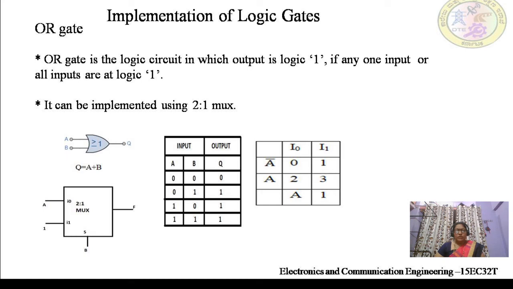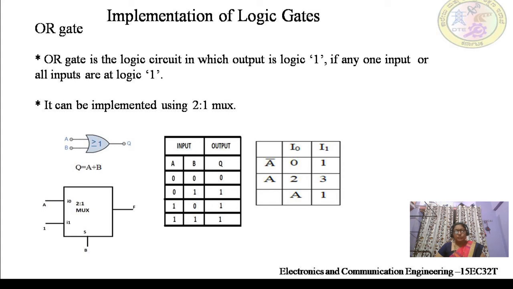Now I have to first construct the table. For that we have to form the matrix. Already I have explained the steps and I have shown the example while implementing the Boolean expression. The same thing has to be reproduced here, but here we are using a 2:1 mux.